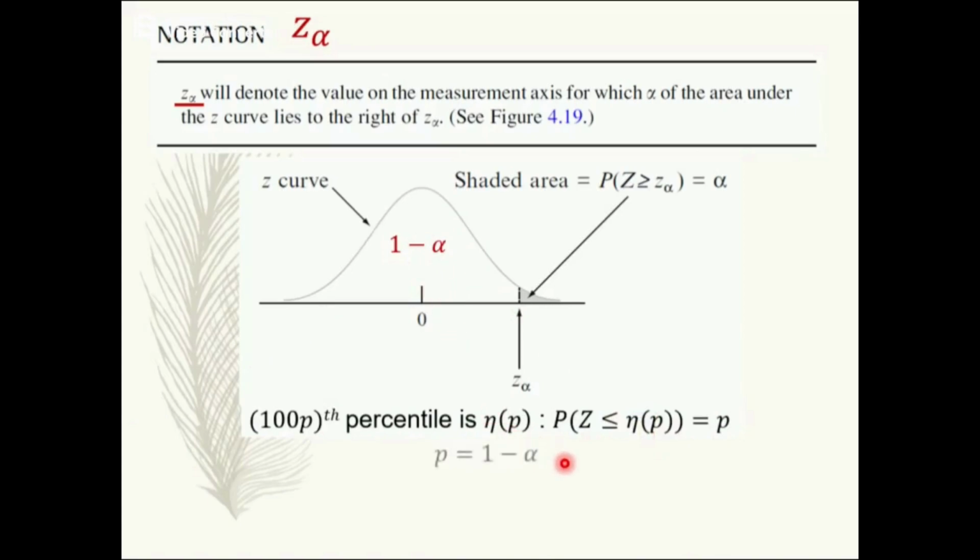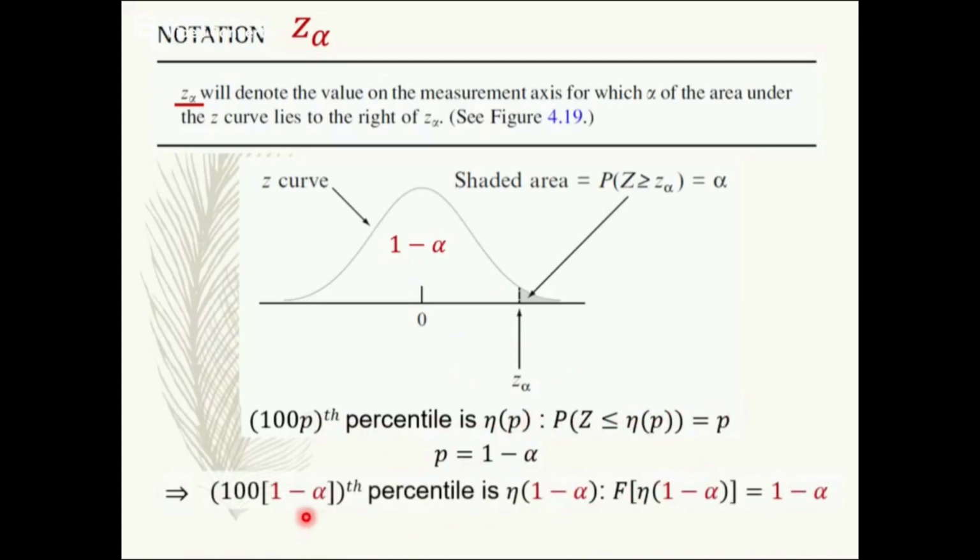So in other words, p is equal to 1 minus alpha. If we substitute 1 minus alpha everywhere where we have a p, we get this line. So the 100 times 1 minus alpha-th percentile is eta 1 minus alpha. Remember, the area to the left of this value is 1 minus alpha.